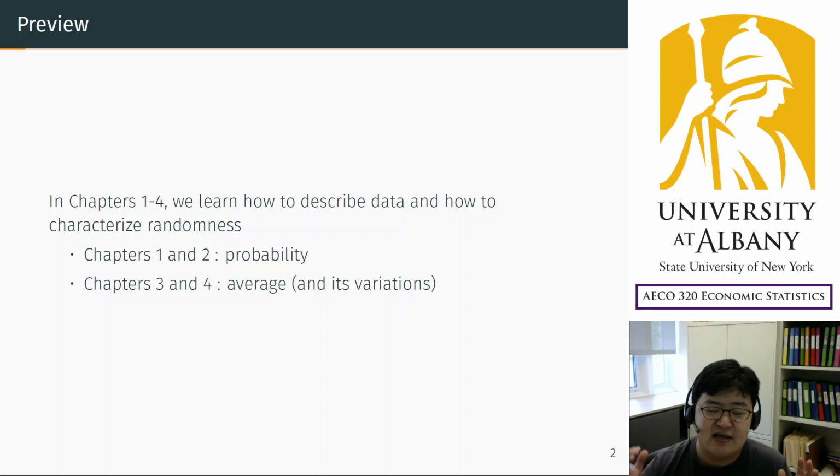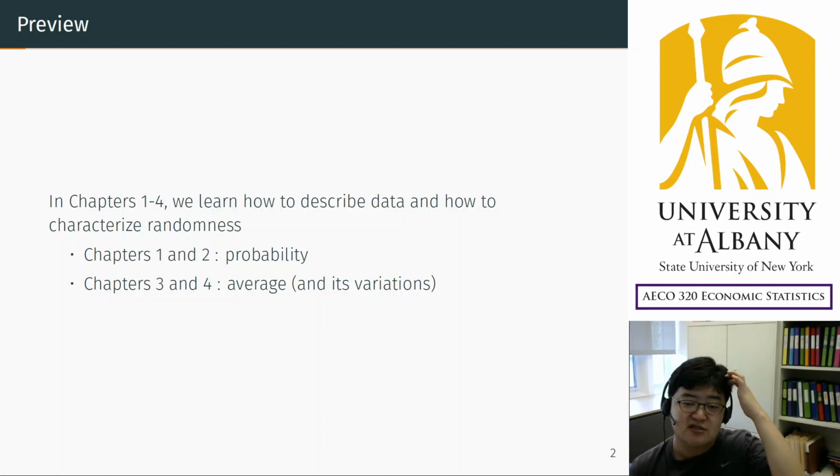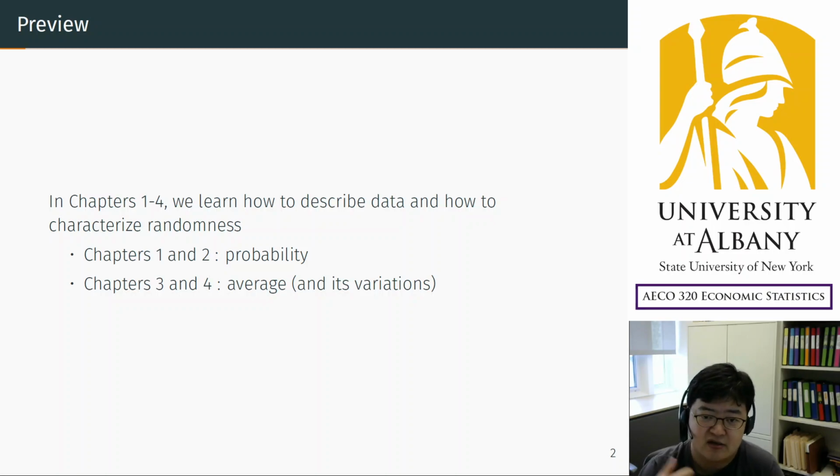Roughly speaking, any statistical method is a kind of variation of one of these two. Any statistical method is based on some probability or some kind of average. So these two are the most important concepts in statistics, and we are going to build the fundamental concepts in these chapters.